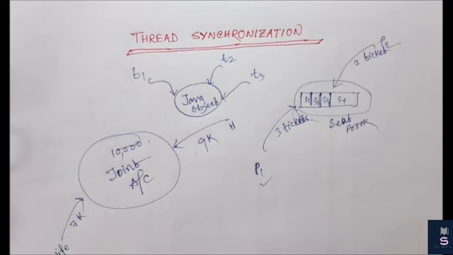So far we covered why we go for synchronization. Now, what is the biggest advantage? The biggest advantage is that we can resolve the data inconsistency problem. And what is the disadvantage?